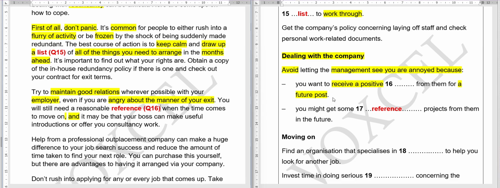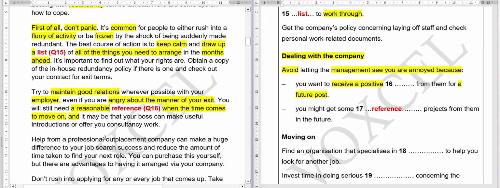So here, if you see "receive a positive response from the future post," they are saying when the time comes to move on. So basically that's in the future. When the time comes to move on, they're talking about the future, so you will need a reasonable.